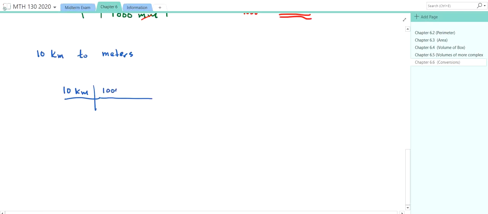There's 1,000 meters in 1 kilometer, so you just got to match this up so you can cancel properly. So it's 10 times 1,000, which equals 10,000 meters. So 10 kilometers is 10,000 meters.